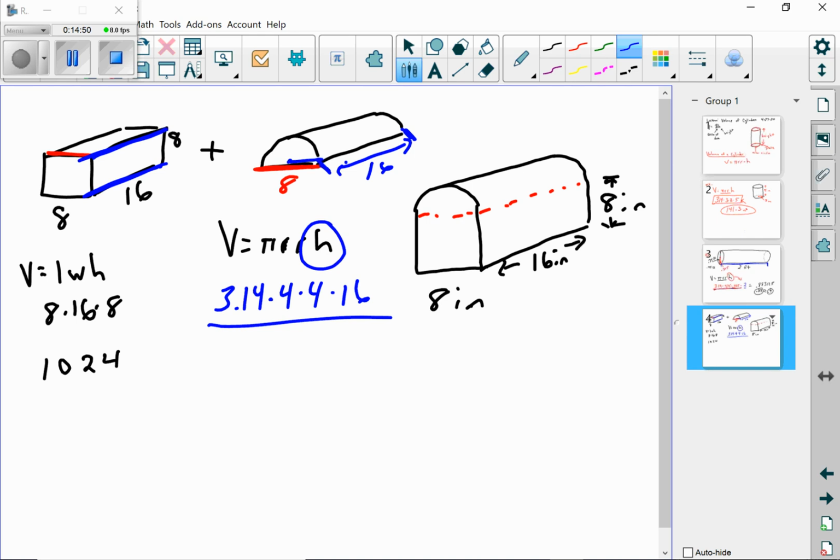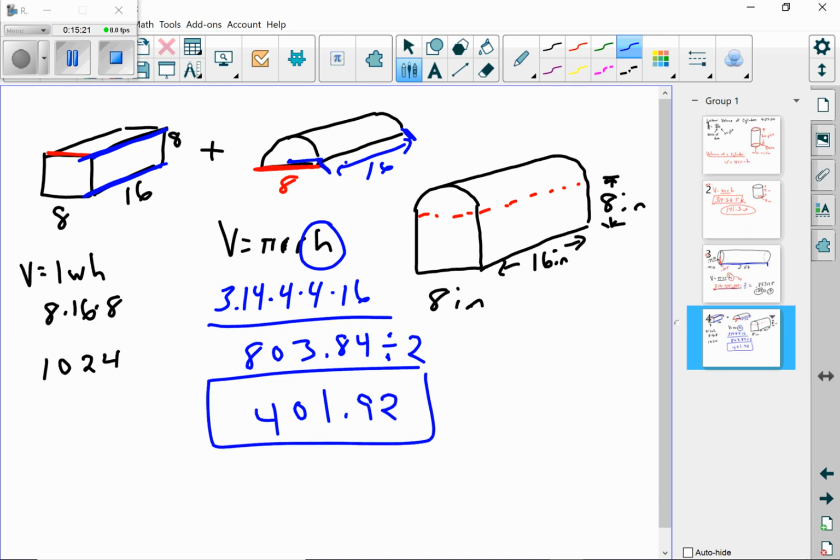Mine's giving me 803.84. Now, don't forget, that's the volume of the whole cylinder. We only have half of the cylinder. So now is the time that we want to take this number and divide it by 2. While it's on your calculator and you're looking at it, just hit divided by 2, and we get 401.92. This is the volume of the half cylinder.